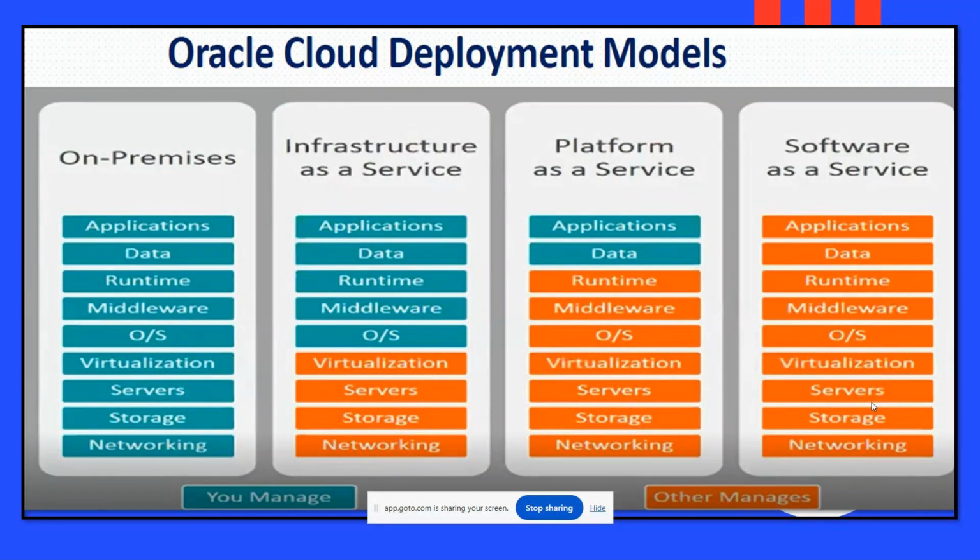If I also talk about the IaaS model, the application, data, runtime, and middleware need to be managed by the company itself, or your client company itself. Then we have the on-premises model, where everything needs to be managed by the company. This is how the Oracle Cloud deployment models have been developed, and most of the time customers or companies purchase the SaaS model, that is software as a service.